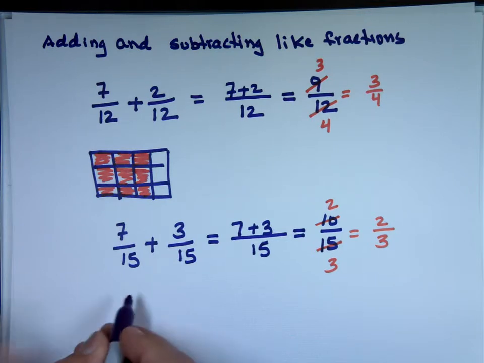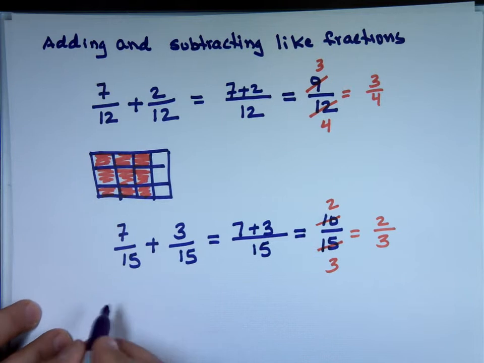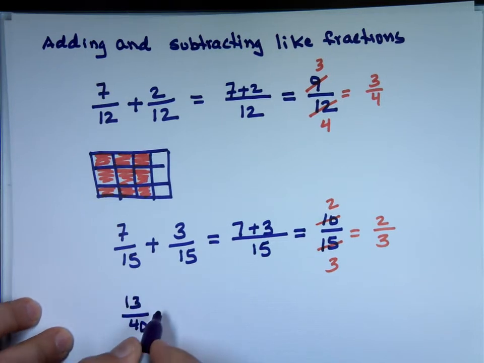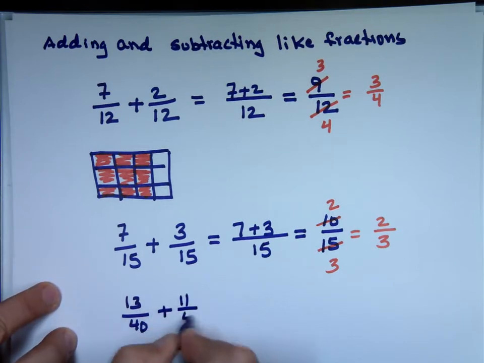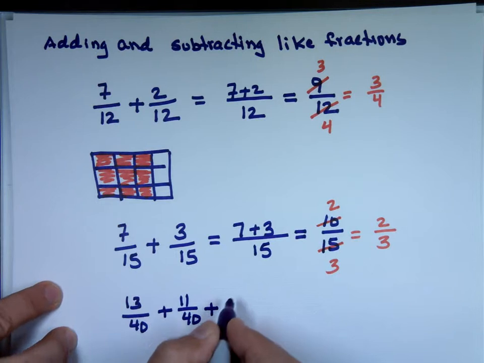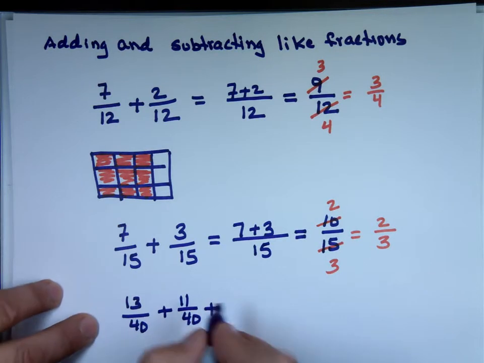Let's try this one. 13 over 40 plus 11 over 40 plus 23 over 40.